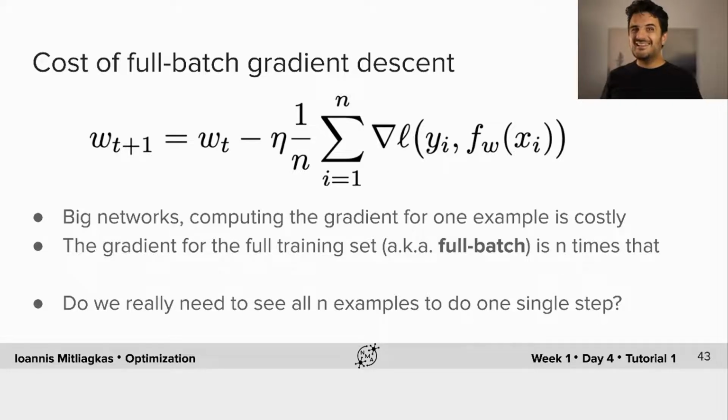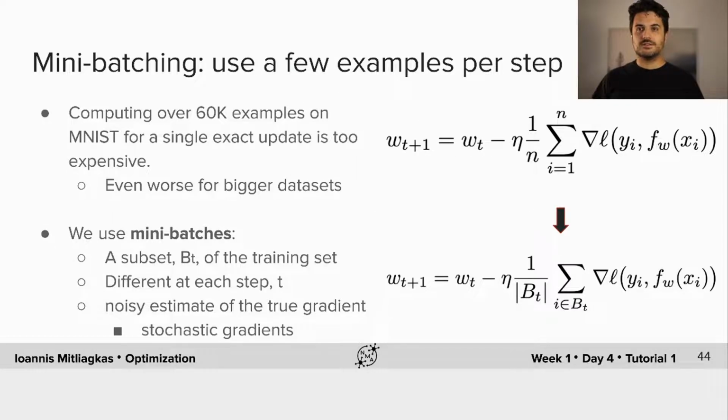So do we really need to see all those examples to do one single step? And the answer is actually no, thankfully. And the answer is mini batches, okay? We are going to do mini batches or stochastic gradient descent, depending on who you ask, these terminologies are used. And the algorithm is at the bottom of our screen, essentially, where we go from the top right, where we do a full batch gradient, n points.